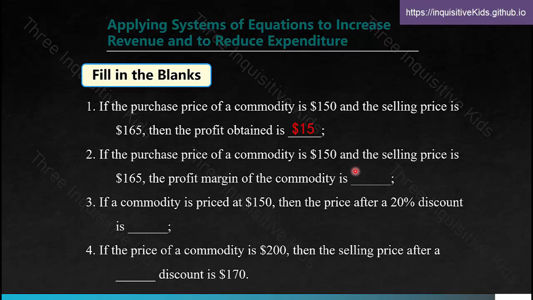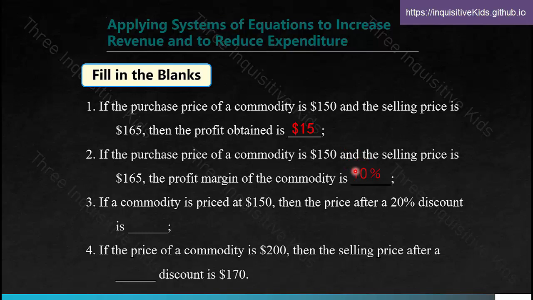All right, now let's look at number 2. If the purchase price of a commodity is $150 and its selling price is $165, then the profit margin of the commodity is what? This would be 10%. And what does this mean?